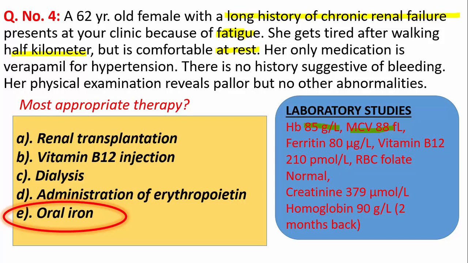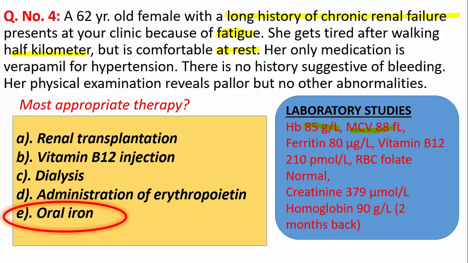Here, kidney replacement therapy is eventually needed by most chronic renal failure patients, and this can be done through renal transplantation or dialysis, but neither of these is indicated at this point in this patient because she has come only with the complaint of fatigue due to normocytic anemia.